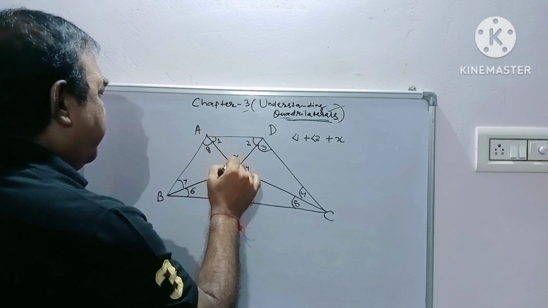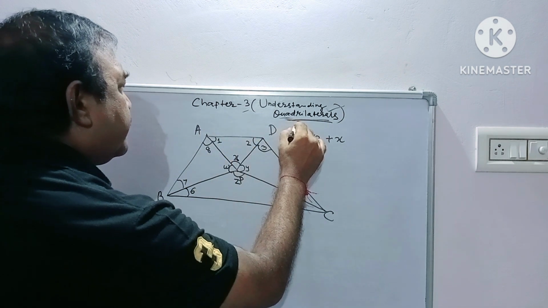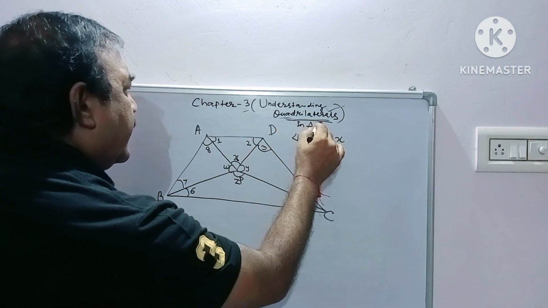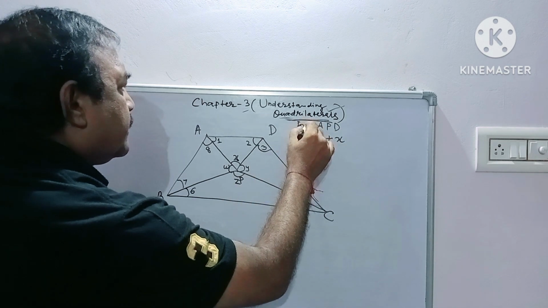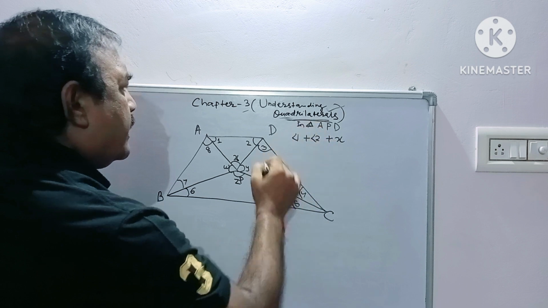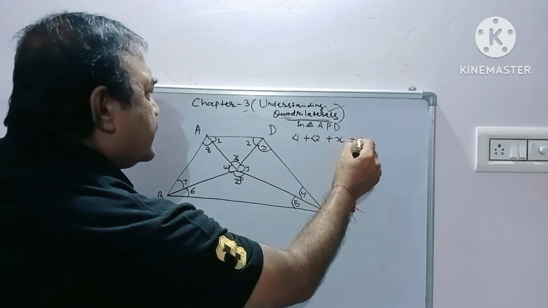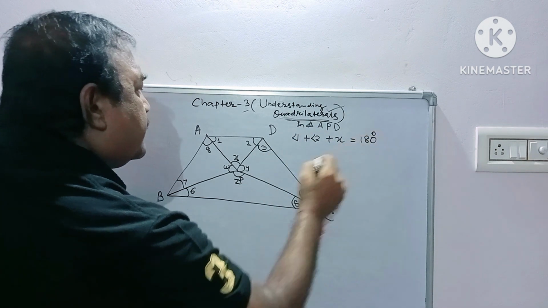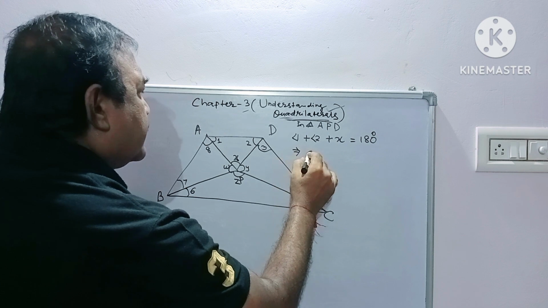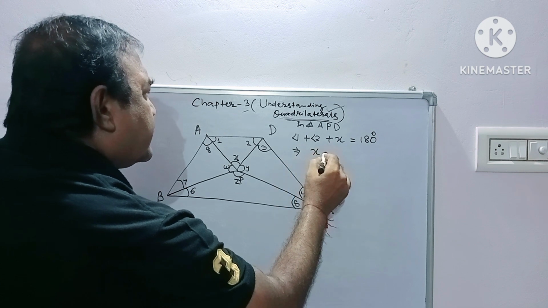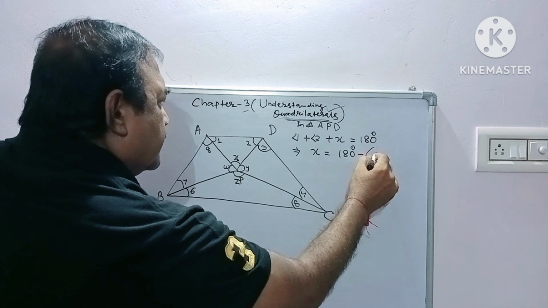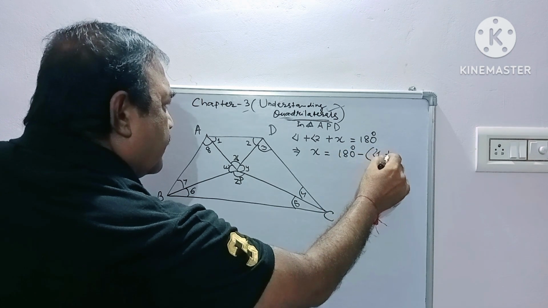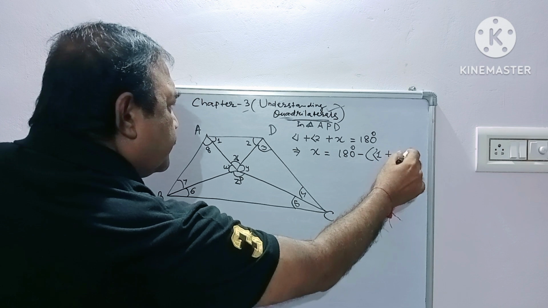In triangle APD. This is the triangle APD that measures 180 degree. So that implies the measure of angle X is equal to 180 degree minus the measure of angle 1 plus measure of angle 2.